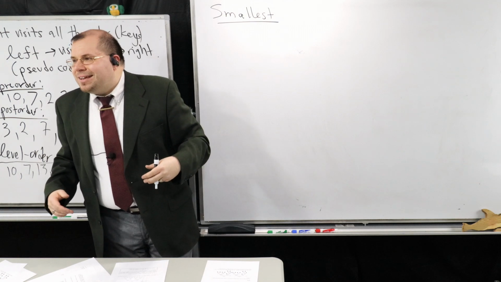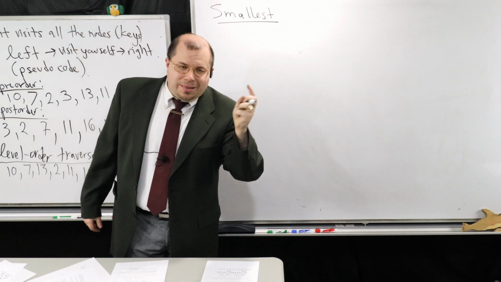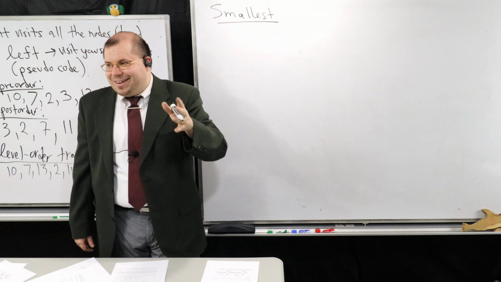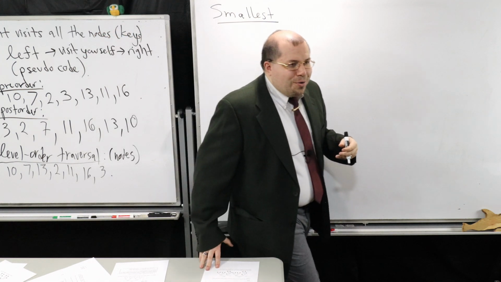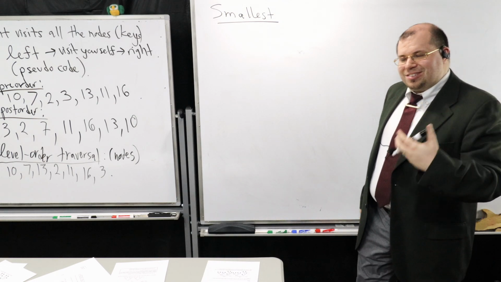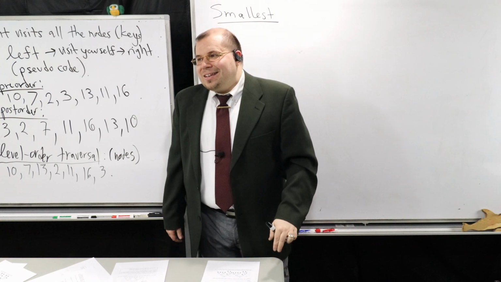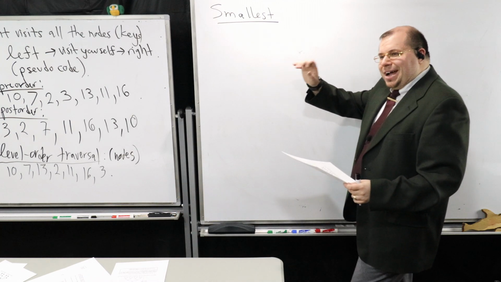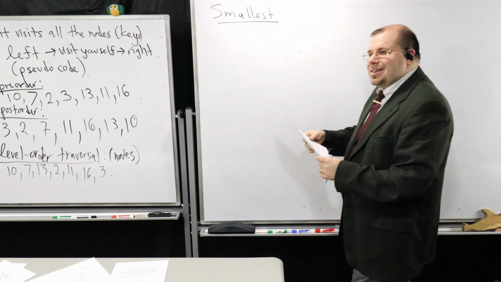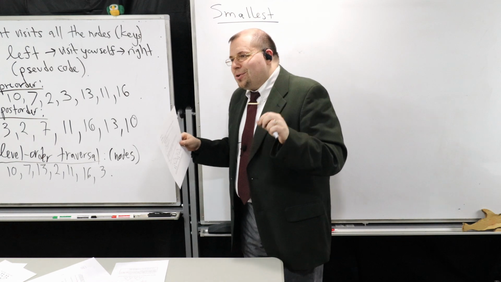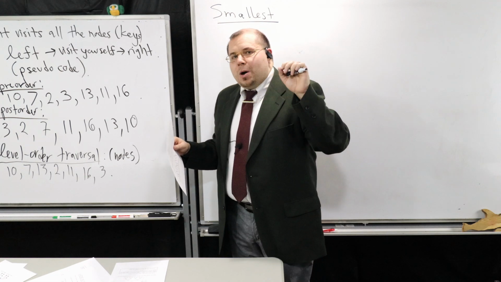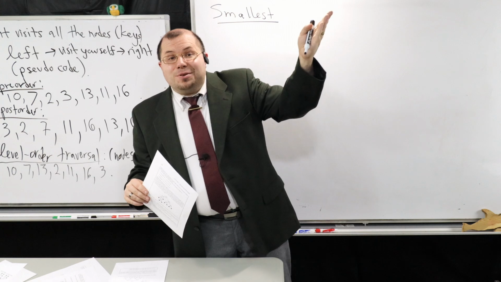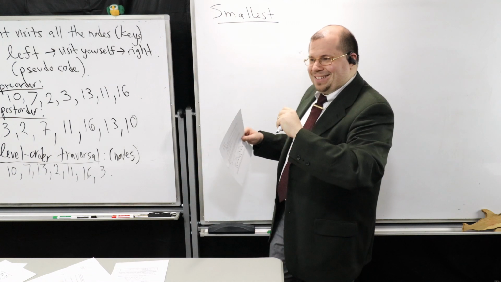You know you're going to have to go left, because that will always get you a key that's less. So what node actually contains the smallest key? Any ideas? I already see left child in the chat. If I were to draw out a binary search tree, where would it be? Yeah, it's the left deepest internal node. Yes, exactly.